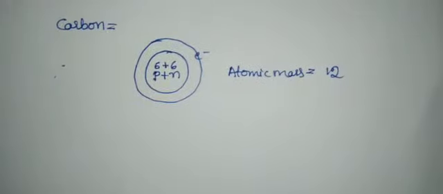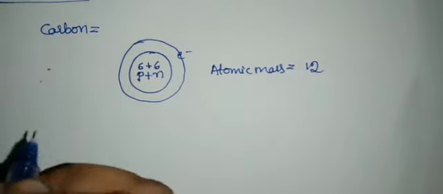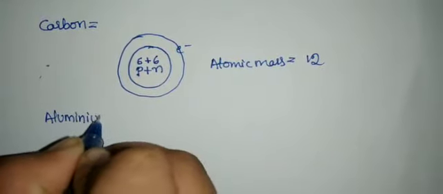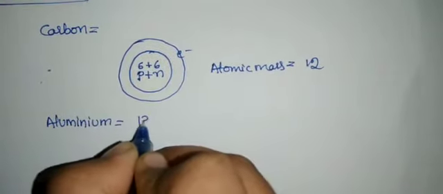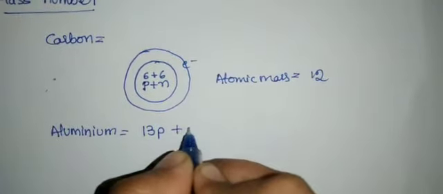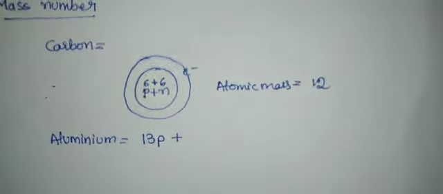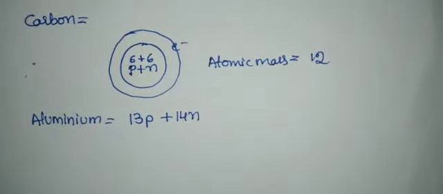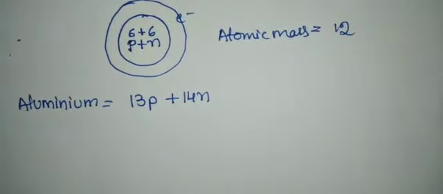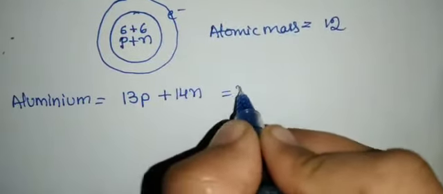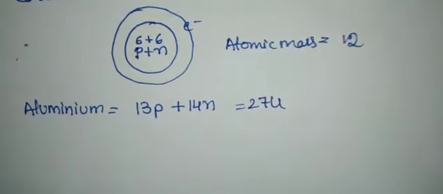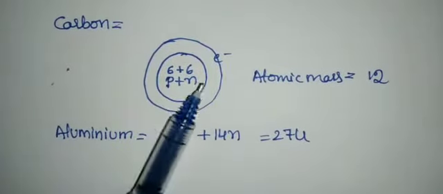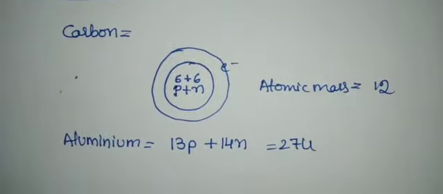Next, if you take aluminium, it has 13 protons and 14 neutrons. So together, what is the atomic mass? It is 27 units. 27 is the mass number of this aluminium.